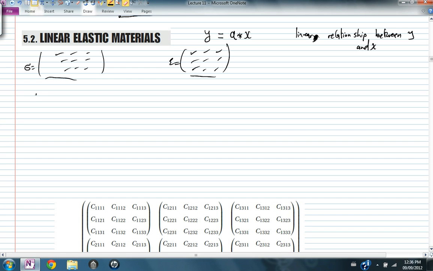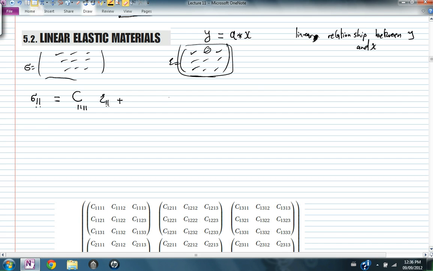We mean that sigma 11 is a linear function of these components. So constant 1 multiplied by epsilon 11. And this constant, I will call it C. But because I will have so many constants, I'm going to take 1, 1 and put it here. And this 1, 1 and put it here. So this is the constant C1111 that relates sigma 11 with epsilon 11.